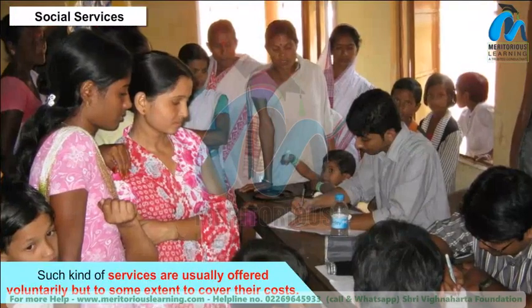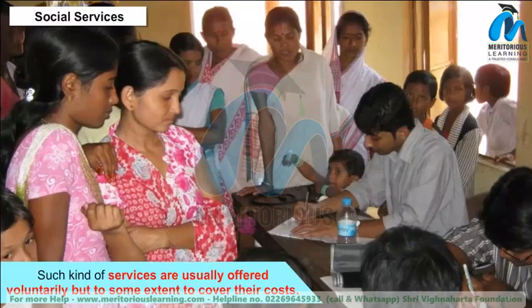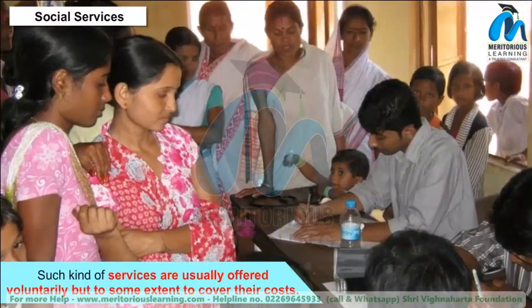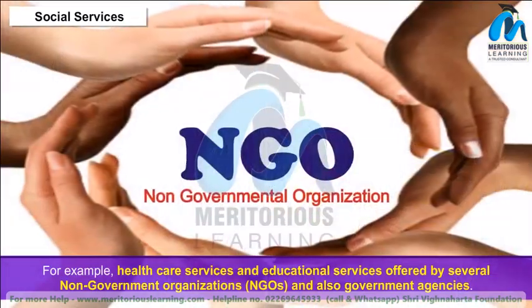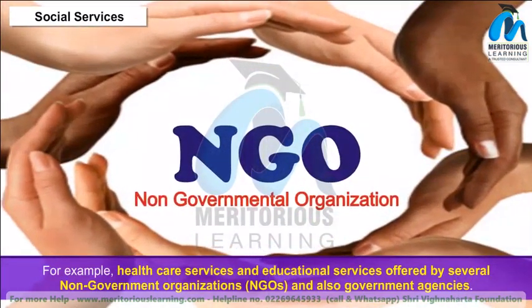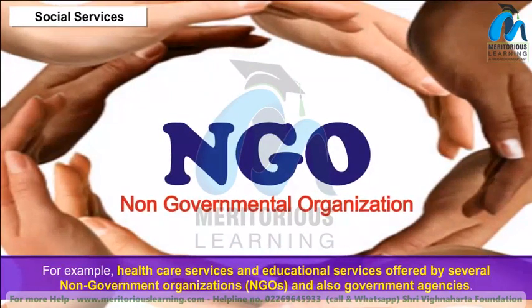Such kind of services are usually offered voluntarily, but to some extent to cover their costs. For example, healthcare services and educational services offered by several non-government organizations, NGOs, and also government agencies.